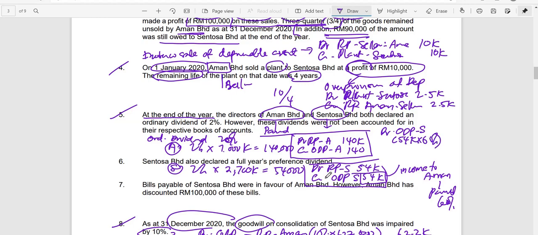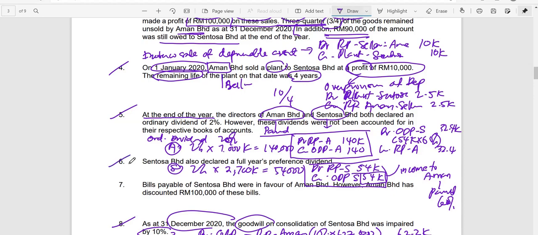You need to check how much the figure is, but I've already done some scribbling earlier. So that will be 32.4, and that will be credited to the retained profit of the parent company, Aman. So Aman will treat this as an income, and this is income from subsidiary that will not be reported in the consolidated financial statement. That will be shown later in our consolidation when we do our current liabilities adjustment. Okay, that will be shown.